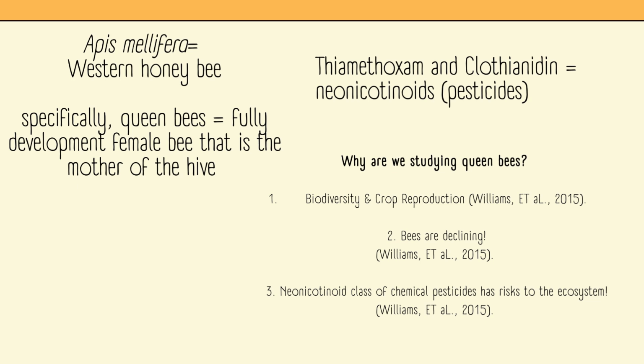This is likely due to pressures like these pesticides. Also, it could be due to climate change and changing land use. The third bullet point is that there are concerns over human food security and maintenance of biodiversity because this neonicotinoid class of chemical pesticides has recently received considerable attention.